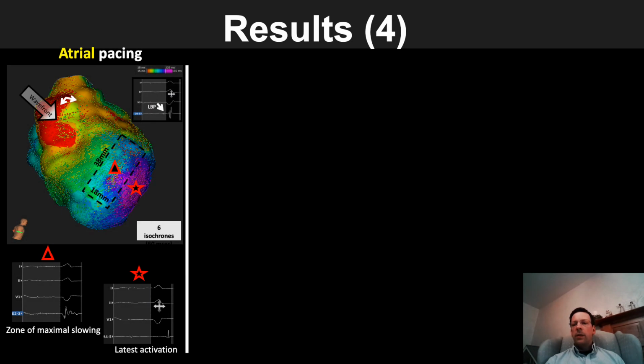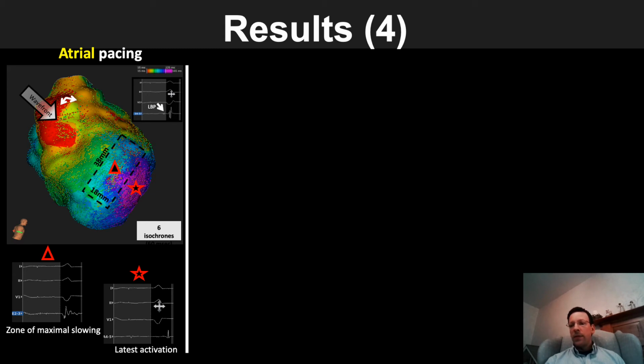This slide shows maps from a patient with a large anterior scar in whom multi-site pacing was particularly helpful. The first panel shows an activation map generated during atrial pacing. The area of slow conduction is delineated by a black box and highlighted by a triangle.